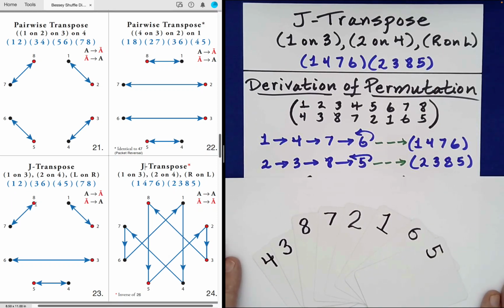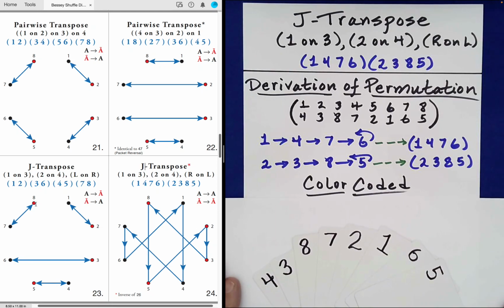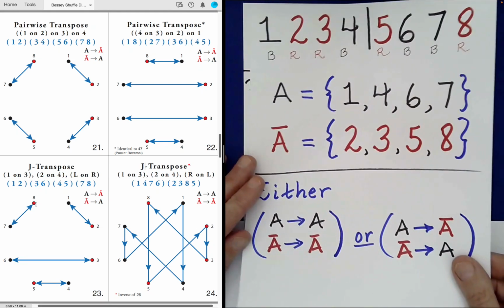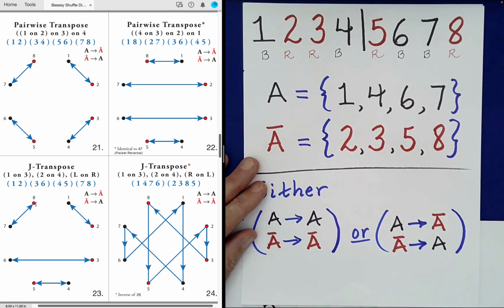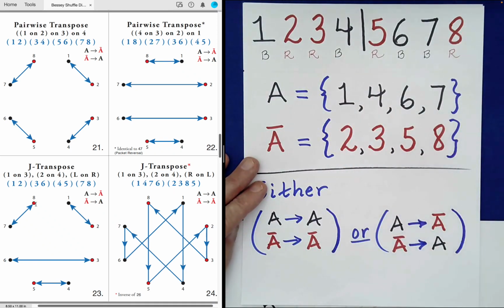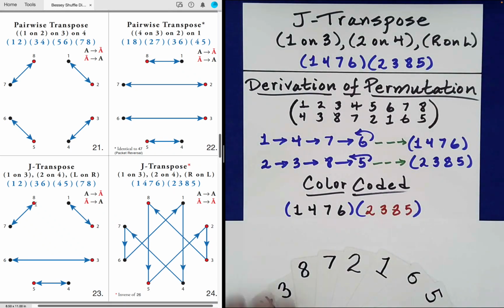If we color code the cycle notation of our permutation, we obtain the following. Recall that the digits are color coded black if they are 1, 4, 6, 7, and the position values 2, 3, 5, 8 are color coded red. So we see here that inversion does not occur.